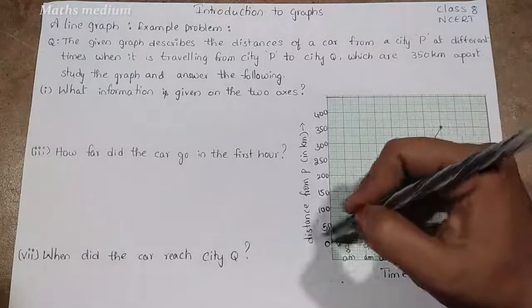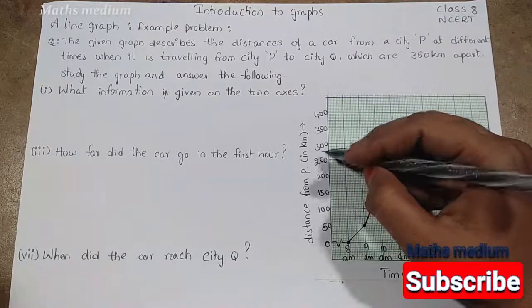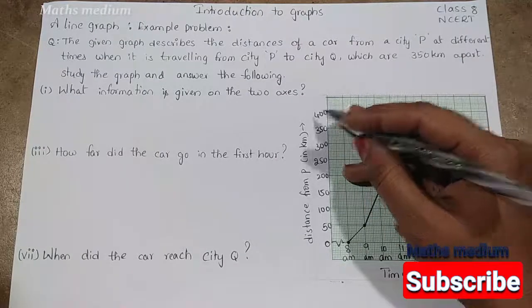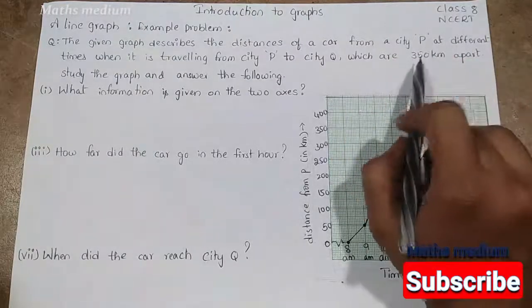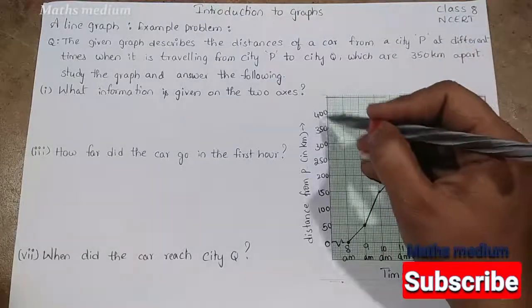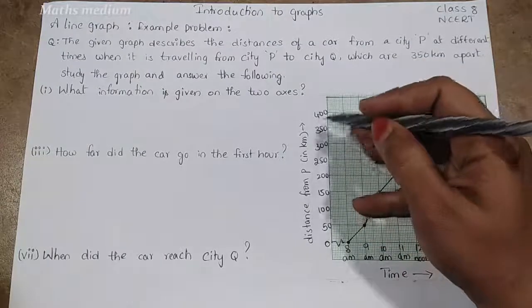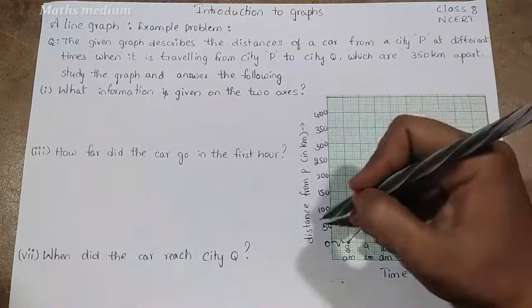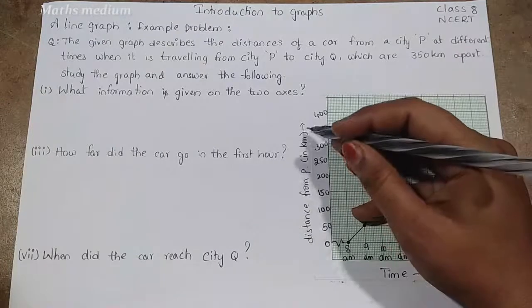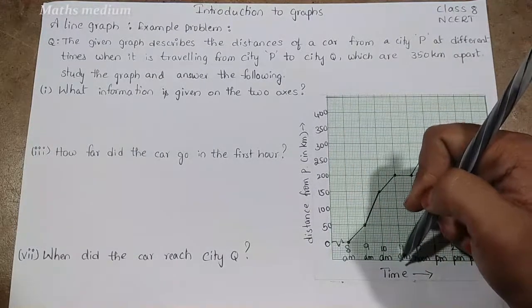On this axis we have distance: 0, 50, 100, 150, 200, 250, 300, 350, 400. Why 400? Because the distance is up to 350 kilometers, so we take a mark just above it, 400 kilometers. So this axis shows distance from P in kilometers, and this is the time of traveling, that means the time of the day.